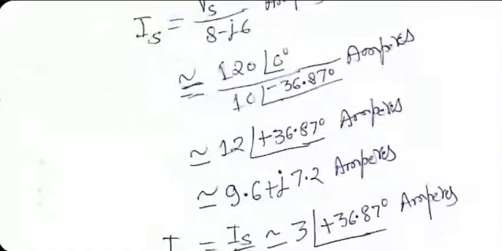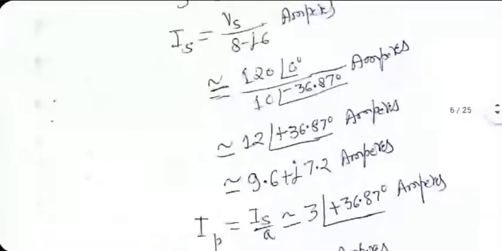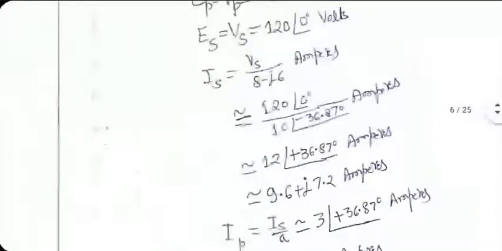So 120 divided by 10 becomes 12 amperes, and the phase angles get subtracted. 0 minus minus 36.87 degrees, so the phase angle of the secondary current is 36.87 degrees plus. You can convert it back into rectangular form: 12 cos 36.87 degrees plus J 12 sine 36.87 degrees amperes.